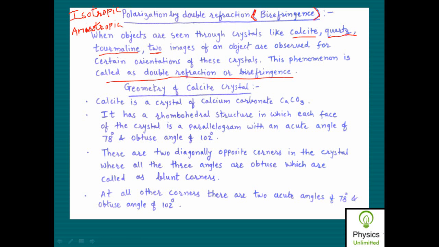Isotropic means molecules are arranged in the same manner from all directions. Yes. And anisotropic, they are arranged in a different manner from different directions. Yes, for isotropic crystals the physical properties of the crystal are the same in all directions, while anisotropic crystals are those in which the physical properties are different in different directions.